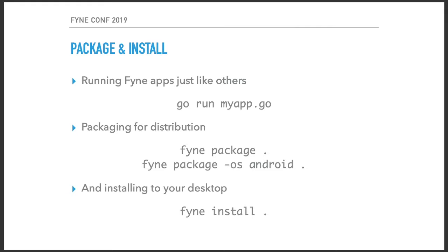If you're on a desktop environment and you would like to have the application you're developing installed into program files or the applications folder, you don't have to do that manually anymore. After packaging, simply call Fyne install and the package, and it will make sure that it is wrapped up with all of the metadata and installed into the correct location for the type of platform you're running on.